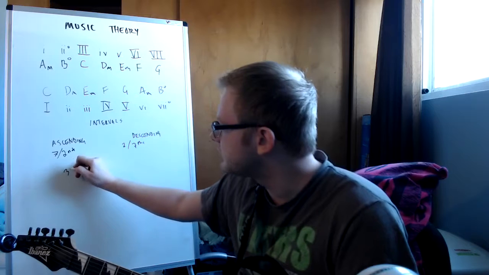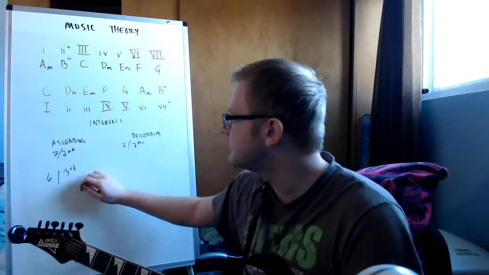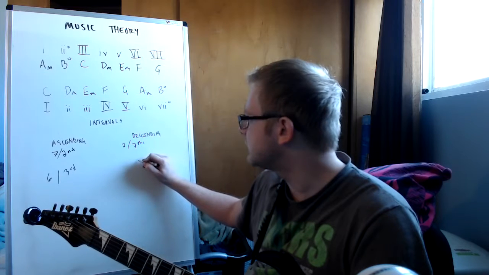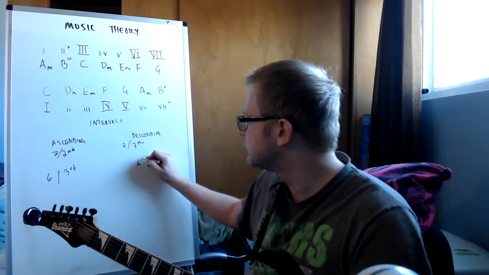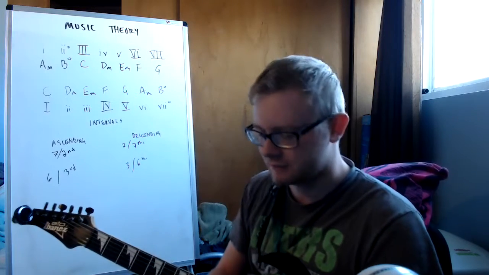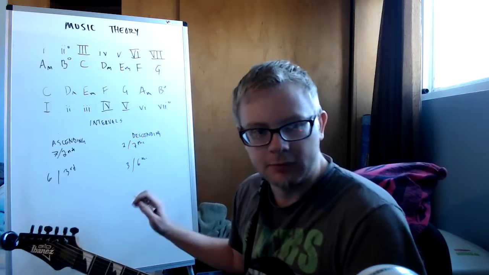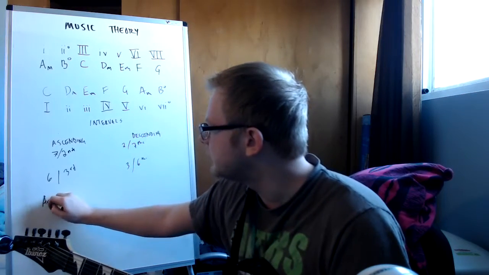Basically, the same concept applies. Ascending by thirds is the same as descending by sixths. So here's that written out. We have the A minor, and we jump 3.